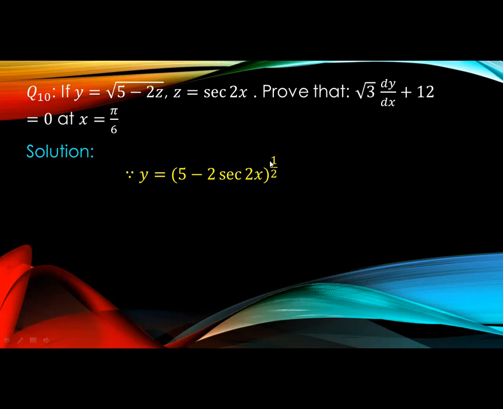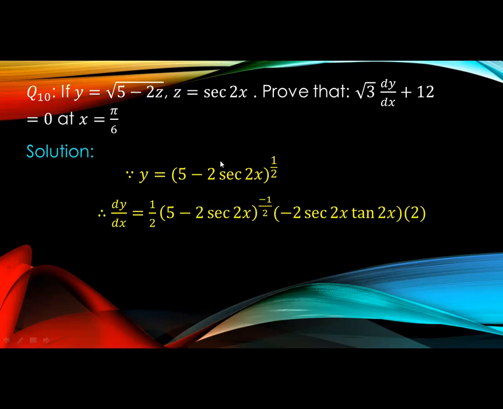This function is raised to the power half, so for its first derivative we drop the power half and subtract 1 from the power. It means a half multiplied by (5 minus 2 sec 2x) all to the power negative half, multiplied by the derivative of sec, which is negative 2 sec 2x tan 2x, multiplied by 2.